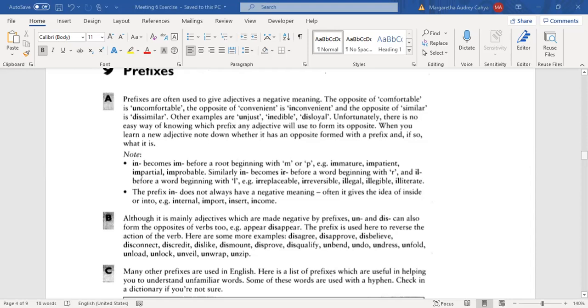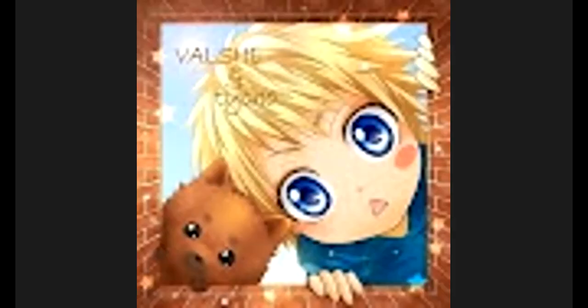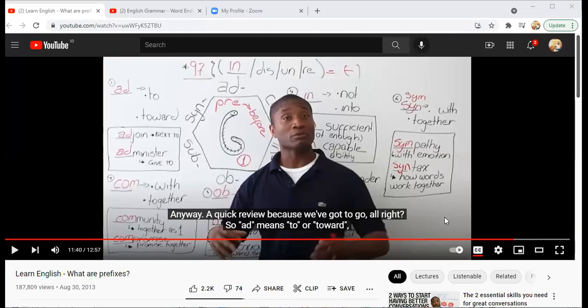As you can see, most of them have a negative connotation, right? And as you can see, the examples already show that most of the prefixes that you're going to see are just what he said: in, un, dis, and re.